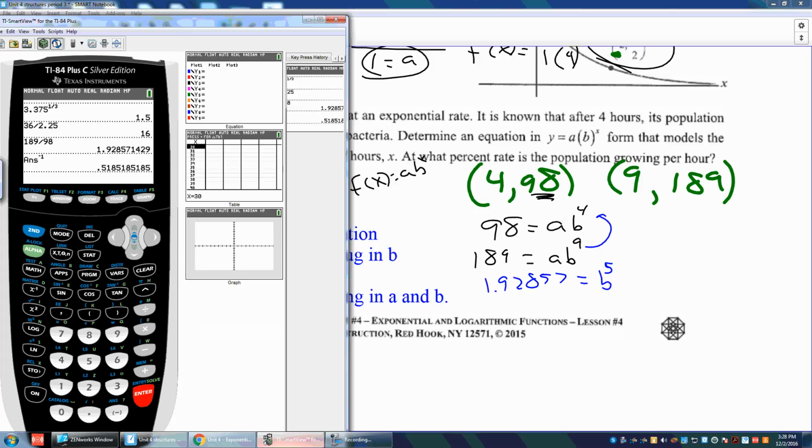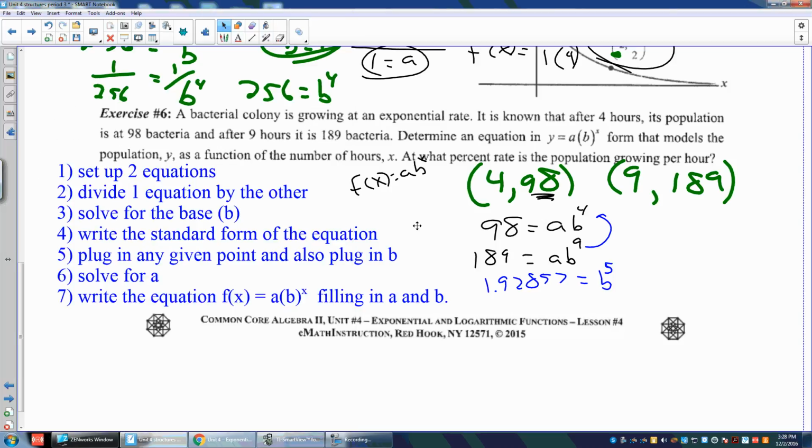Now, since this is still in my calculator, I'm going to take that to the 1/5 power. It automatically pops up with the answer, 1 divided by 5, and it tells me 1.14.